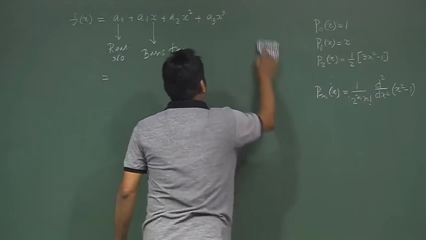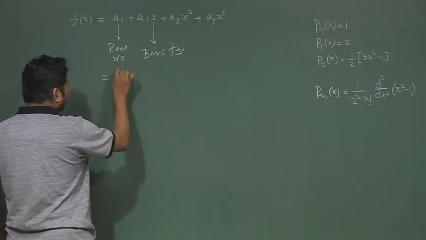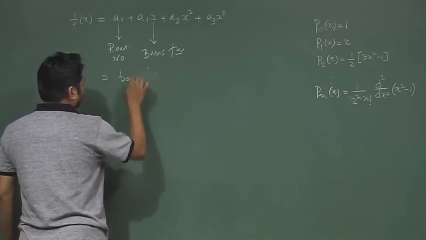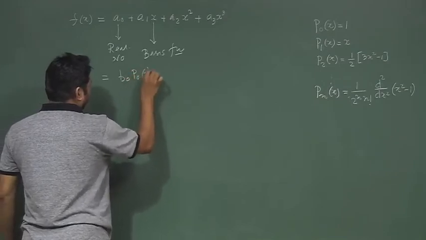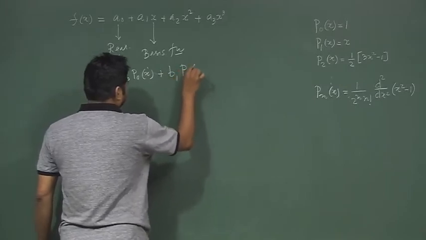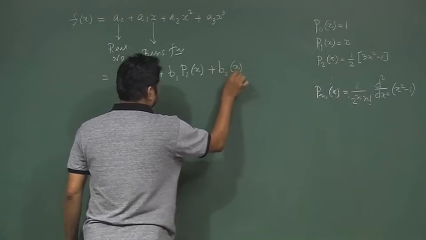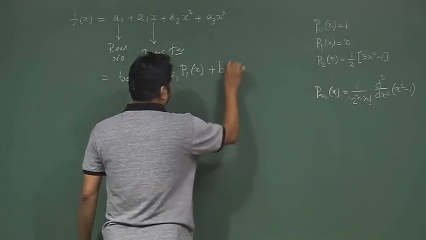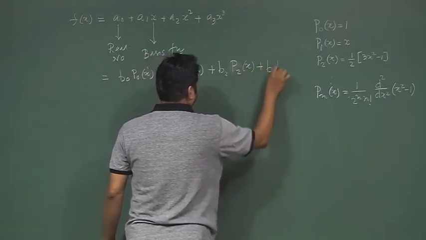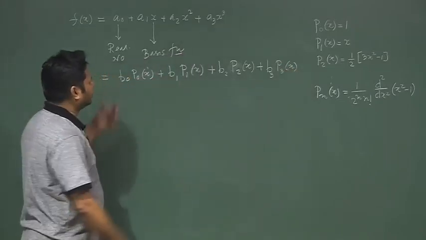That means I am writing a function in terms of the monomial basis, and it is possible to write this like this, and so on.